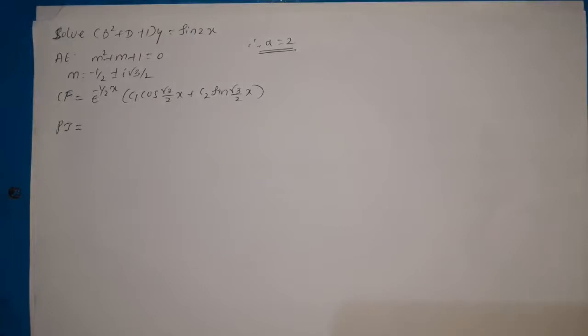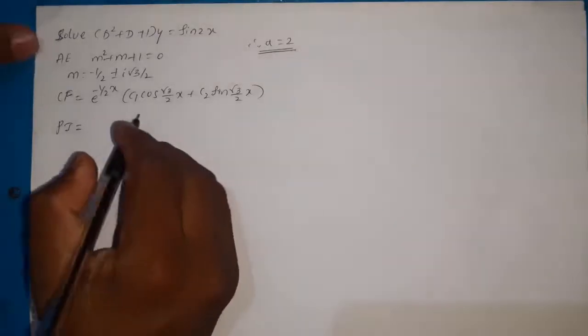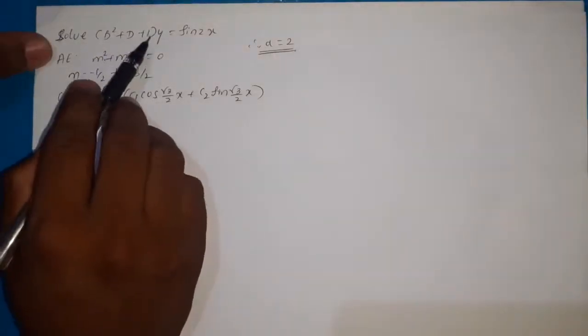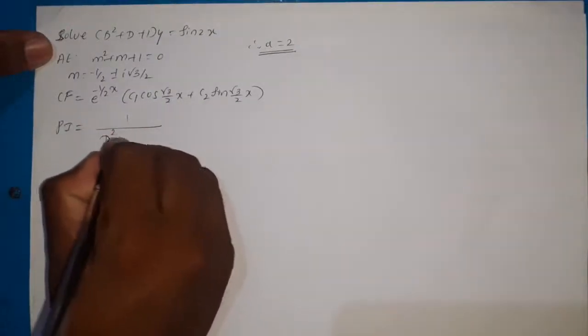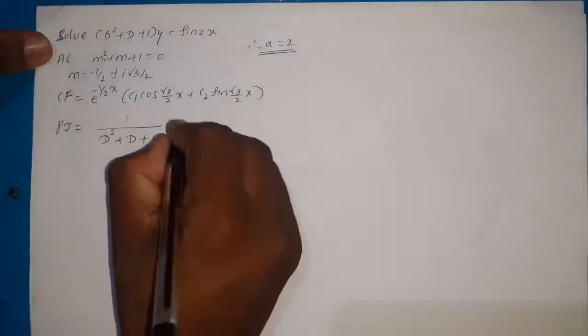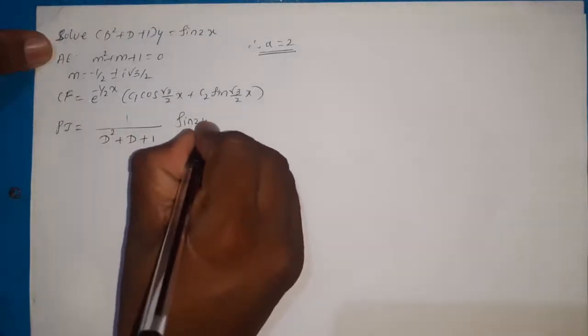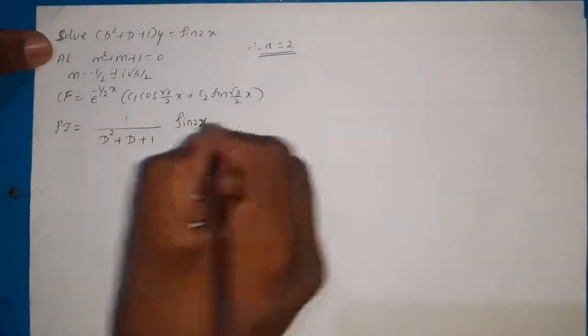Whenever we are going to write the particular integral, the function of D must be written in the denominator. Here the function of D is D square plus D plus 1. Then it is 1 divided by D square plus D plus 1, sin 2x.